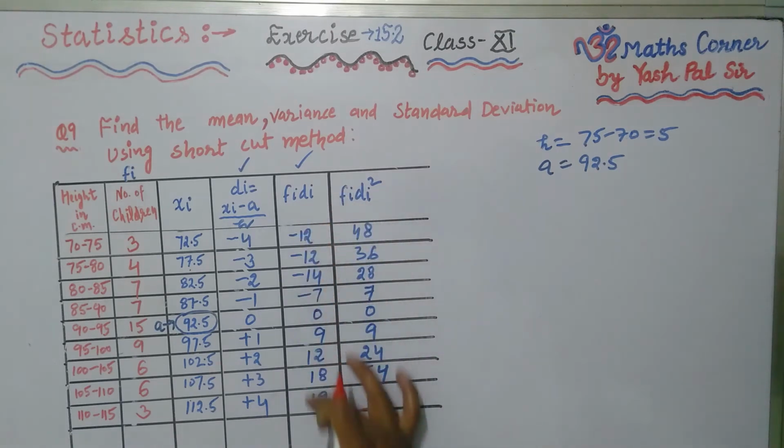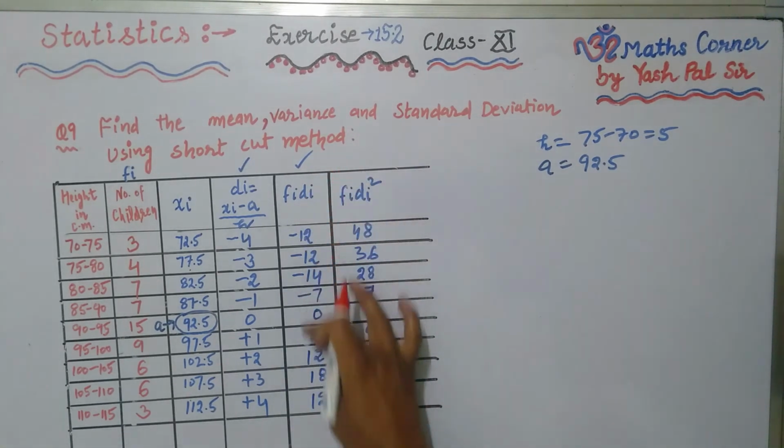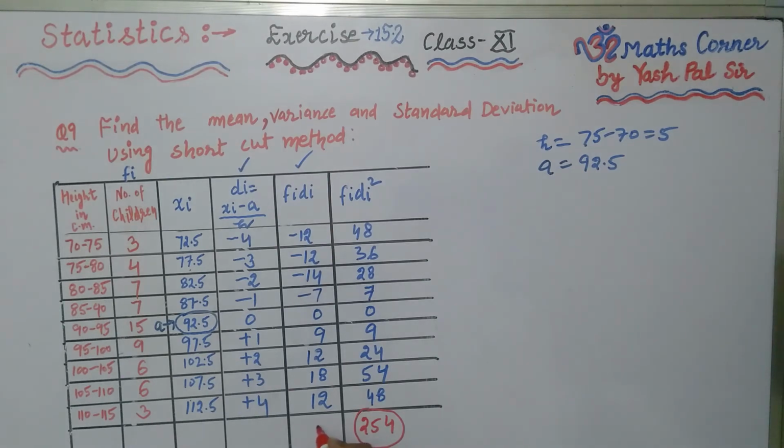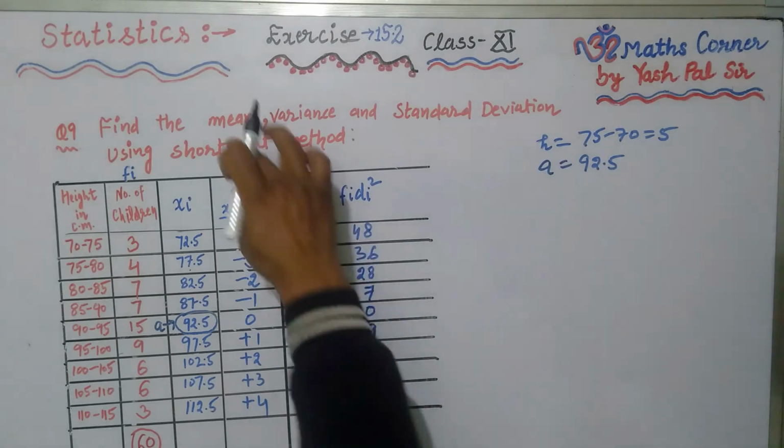Similarly, the sum of fi di is plus 6, and the sum of fi is 60. Right? Now first of all we find the mean.